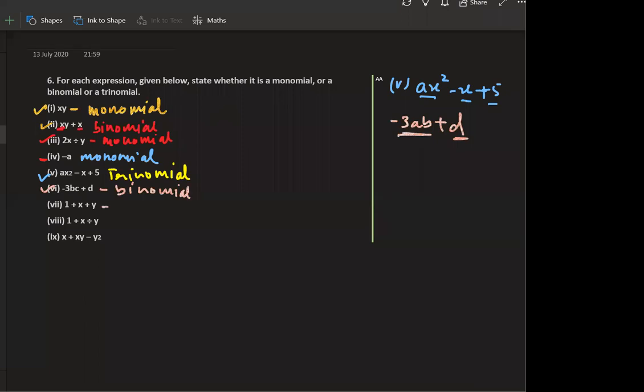Now next, seventh, 1 plus x plus y. What do you think? How many terms? 3 terms, 1, 2, and 3. So this is trinomial.